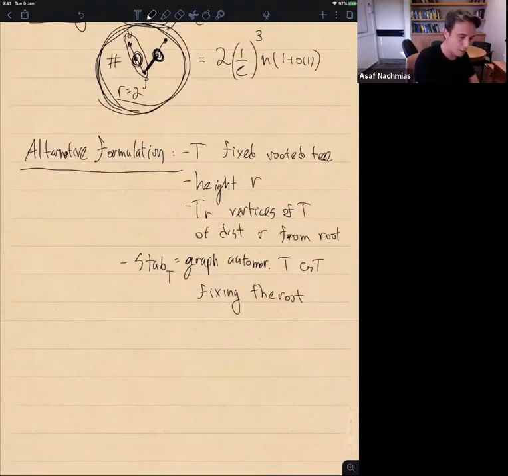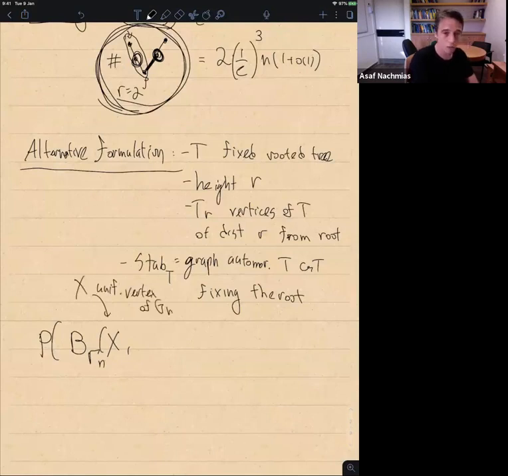The statement is the probability that when I look at the ball around the uniform spanning tree, centered at a uniform vertex X, so I'm reminding you that X is a uniform vertex of G_n, you look at some neighborhood of radius R, and you ask what is the probability that this is some fixed tree T with these parameters T_R, stab T?